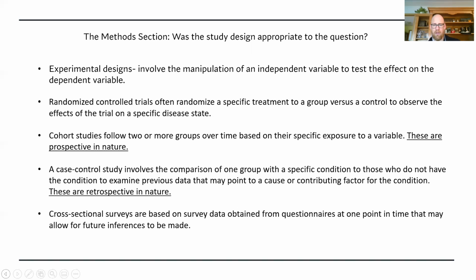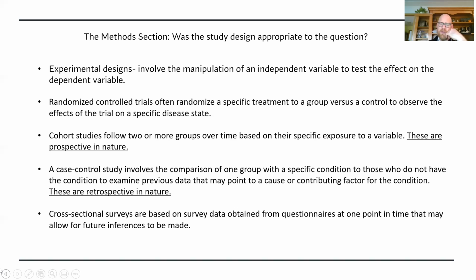We also have cohort studies that follow two groups over time based on their exposure. These are generally prospective in nature. So it could be looking at exposure to a specific chemical or environmental factor that could be a precursor and or a risk factor for a certain type of disease.